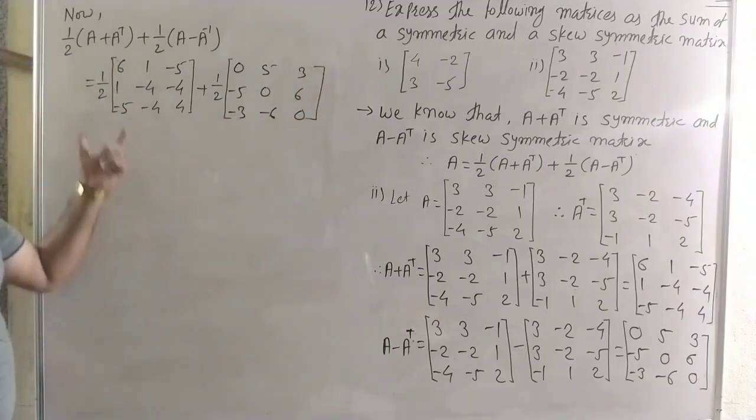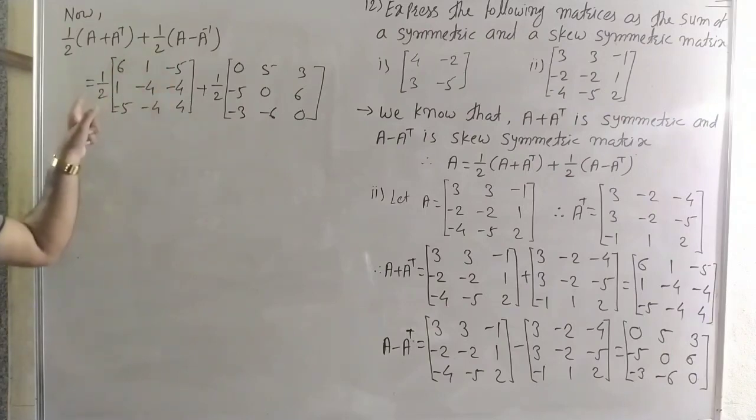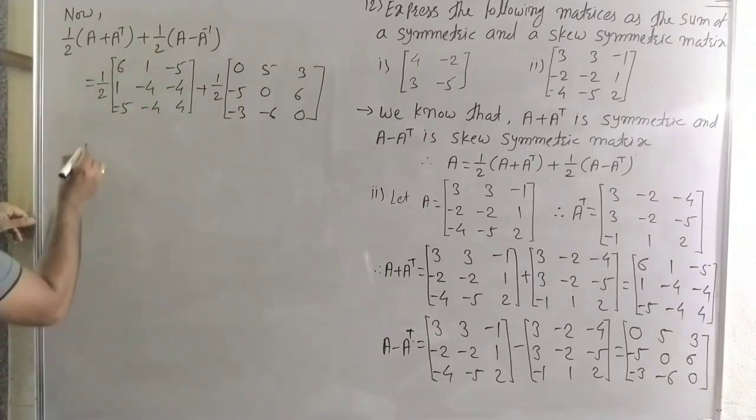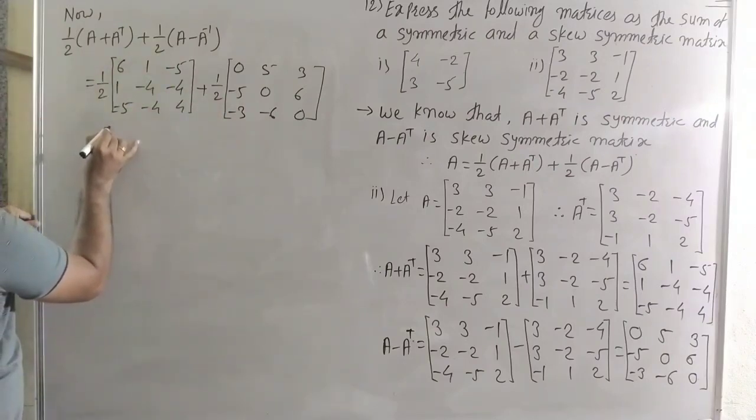Okay. Now we multiply this matrix by 1 by 2 and this also by 1 by 2. Then we get the two matrices.